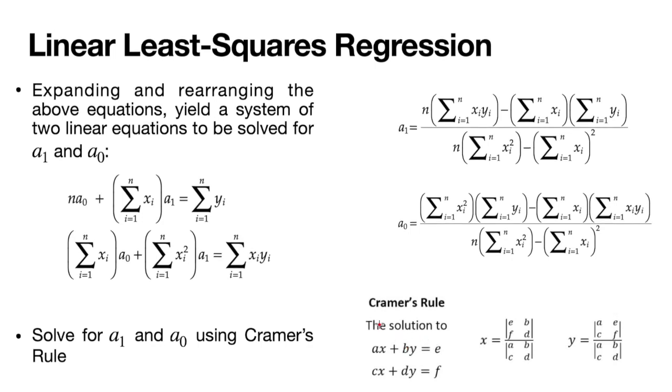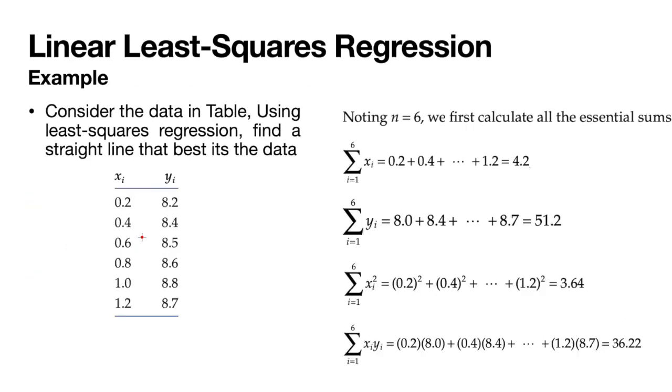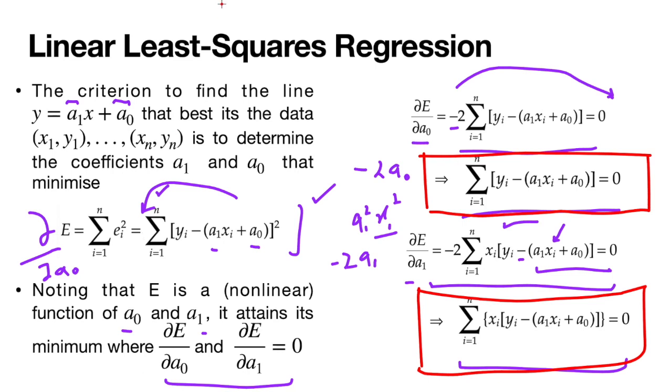After expanding and rearranging the equations, it will give us these two simultaneous equations. How we are getting that is, you can see here that if I multiply this summation inside, this one will become n a naught, because this is n, and this equation will become summation i equals 1 to n of yi.